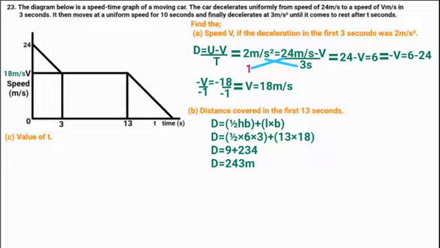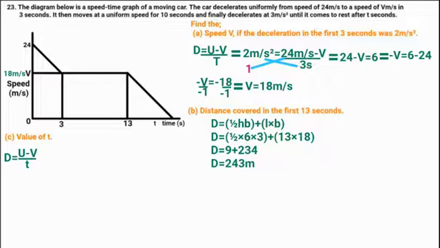So I'm going to write deceleration is equal to initial speed minus final speed, over time. We are told that the vehicle from 13 decelerates.